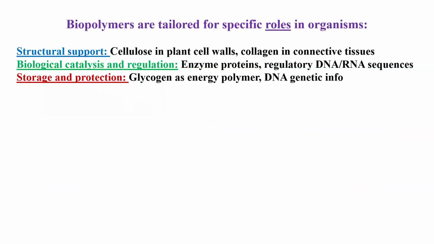So biopolymers are tailored for specific roles in organisms, and these can be like a structural support. For example, cellulose, which I will talk about later, in plant cell walls, and collagen in many connective biological tissues.